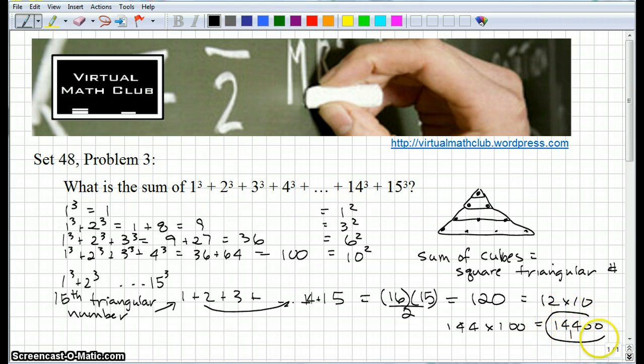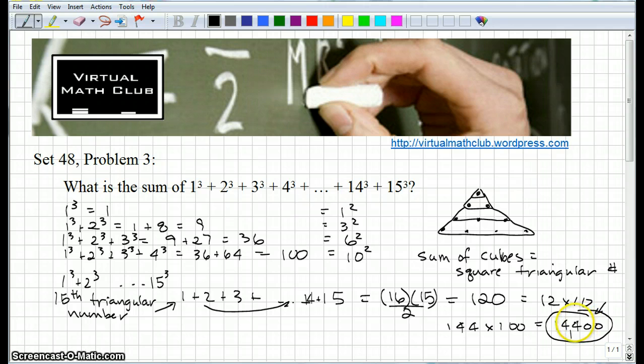So that is actually the answer. 14,400 is what you would get. And you can try it on a calculator, or put it in a spreadsheet if you want, and check it. It does hold up.